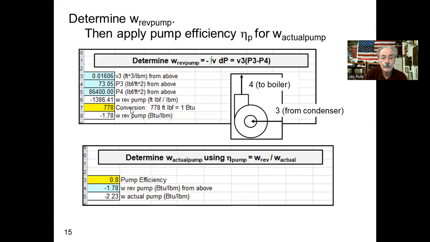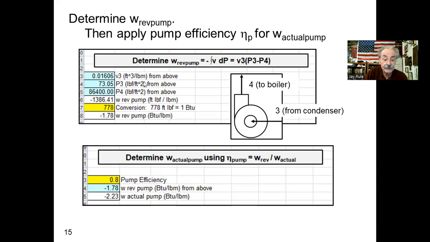All right, back to the calculator. The reversible work of the pump is minus the integral VdP, or V3 times P3 minus P4. Here are those blue cells. I laboriously went through and showed you how to get them out of the steam tables. So I'm going to plug and chug. One thing I didn't mention, here's my P3.